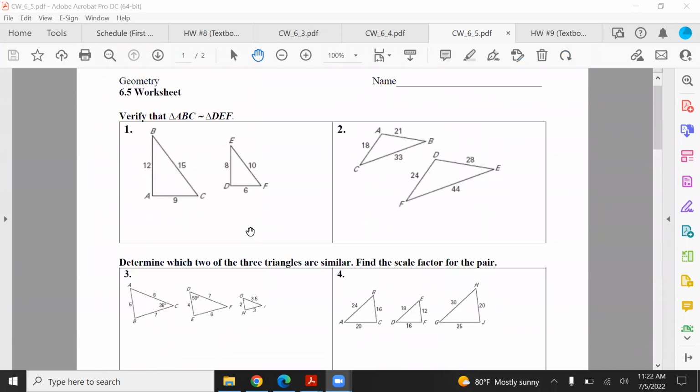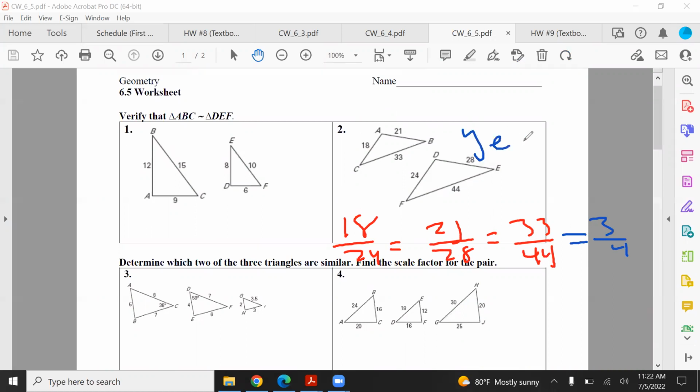Okay, so let's go through the evens here. This one I would say, yeah, you have 18 over 24 equals 20 over 28, which equals 33 over 44. All of them are 3/4. Every single one. And let's do the side proportionality, just like number one.